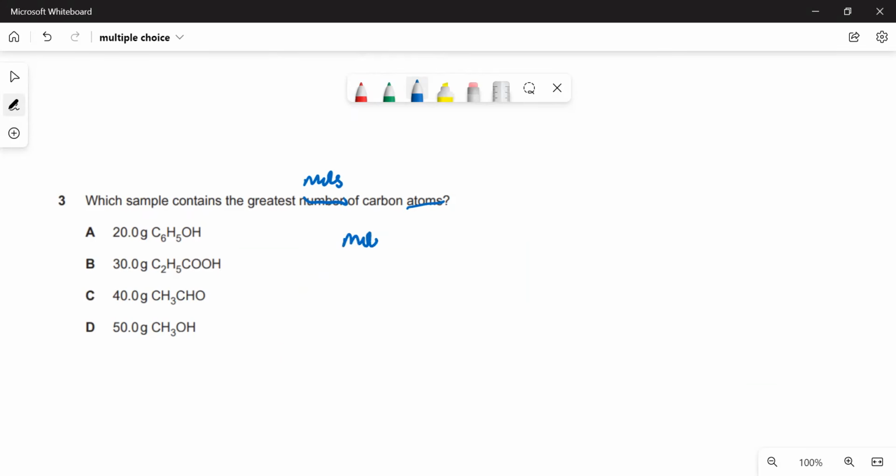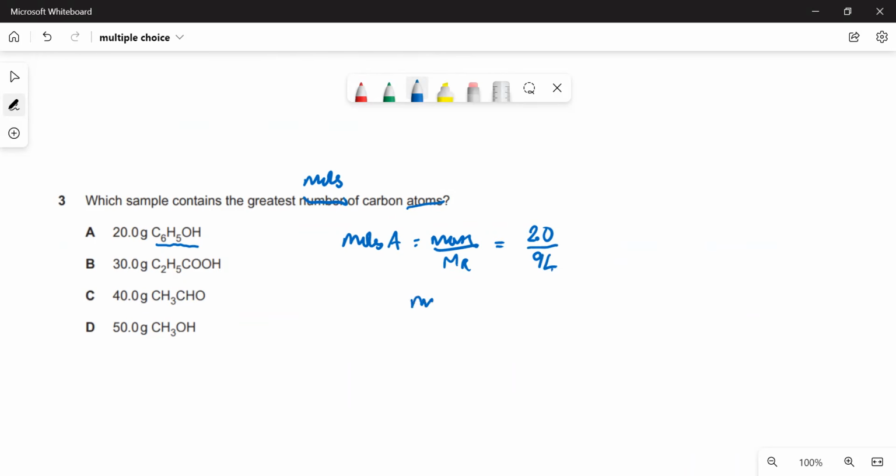Moles of A is equal to mass over MR. So the mass is 20 grams, and the MR, well, that is C6H5OH. So that has got an MR of 94, okay? So that's 20 over 94. So that's the moles of the compound.